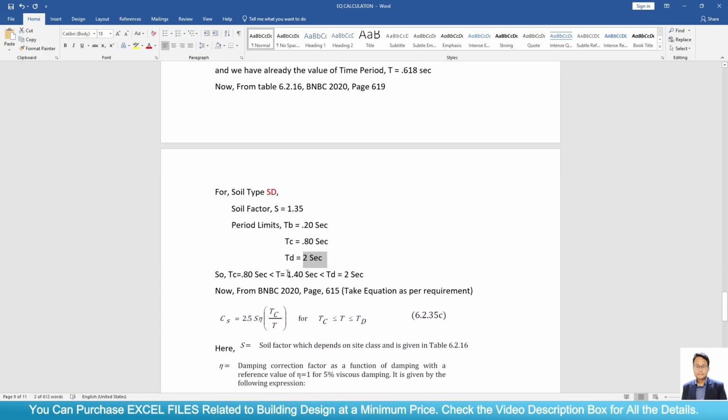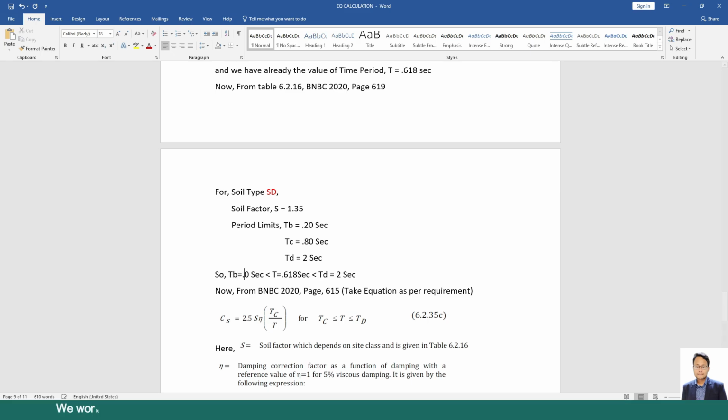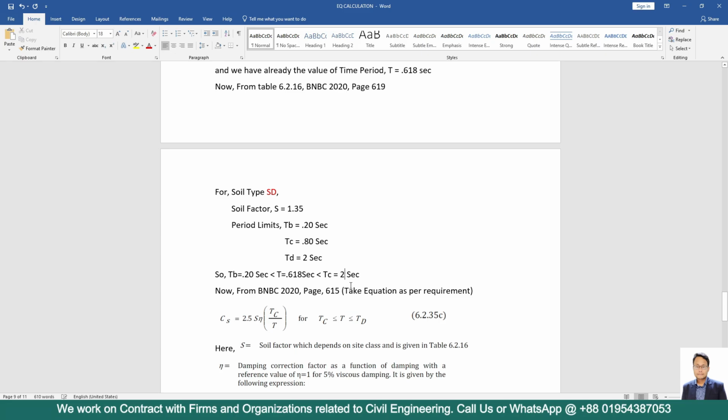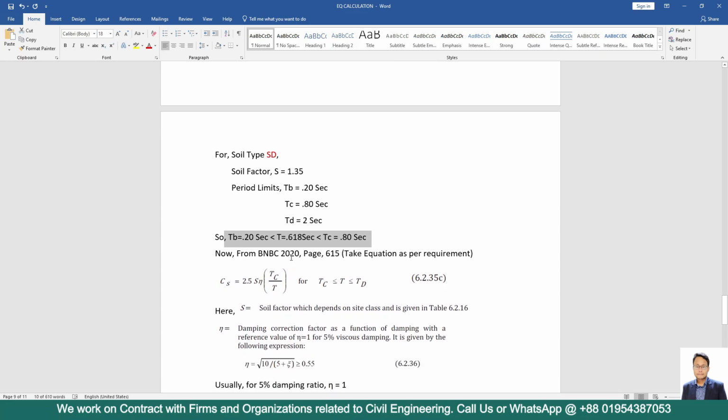That means we can say this time period, which is 0.618 in our case, is greater than TB, that means greater than 0.20 second, but less than TC, that is less than 0.80. So we have to find out the formula for calculating Cs as per this condition.